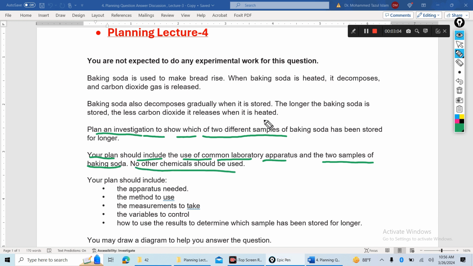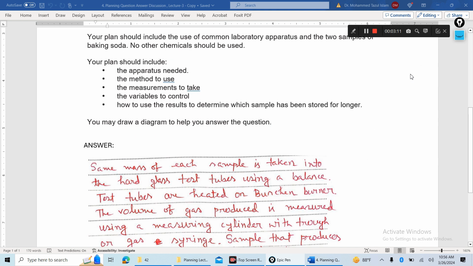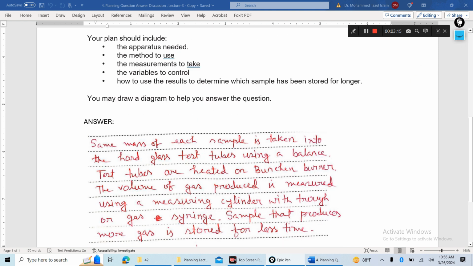Your plan should include the apparatus needed. You have to write the apparatus name, the method to use, and the measurements to take.